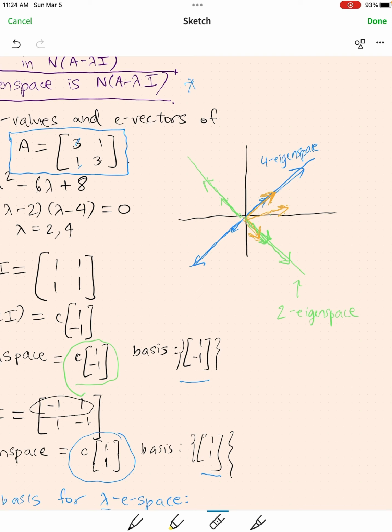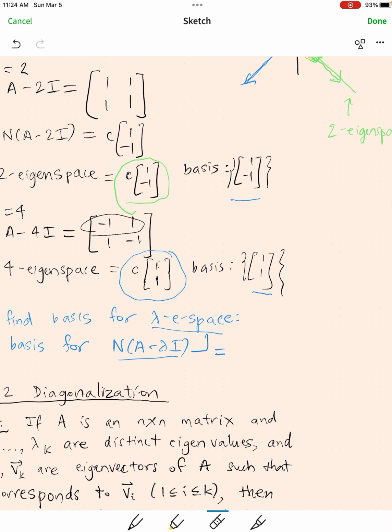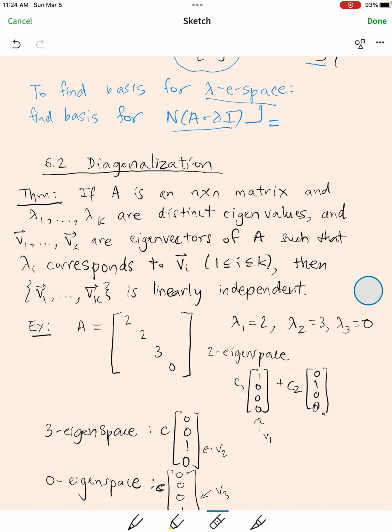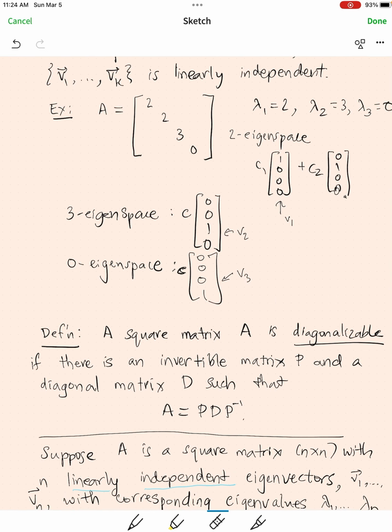Yes, because it has two linearly independent eigenvectors. Right? You can take an eigenvector along the green line and an eigenvector along the blue line. Those two vectors span Rn. I have, in this case, n is 2. So do I have two linearly independent eigenvectors? Yes.